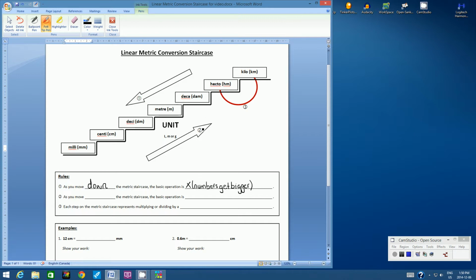Let's look at rule number two. In fact, rule number two is the exact opposite of rule number one. As you move up the metric staircase, the basic operation is division. And I want you to write this little reminder here: numbers get smaller.